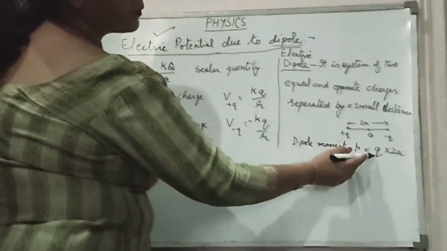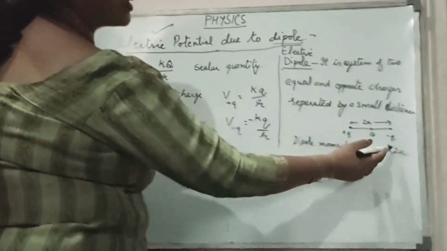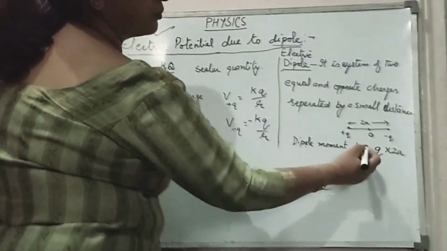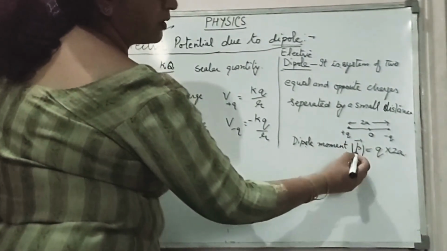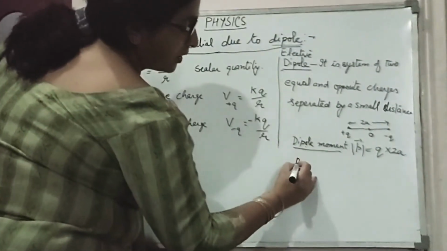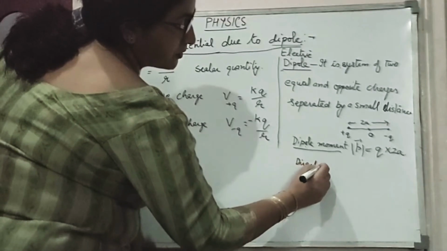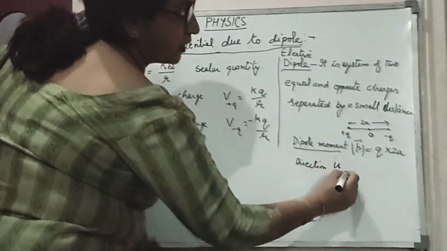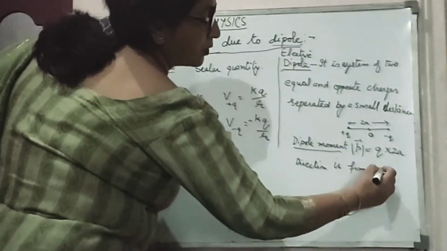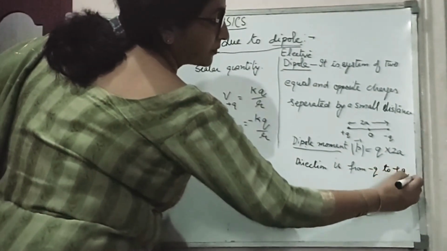Here the magnitude of charge is Q and distance between the charges is 2A. Therefore, the magnitude of the dipole moment is Q into 2A. And the direction is from minus Q charge to plus Q charge.